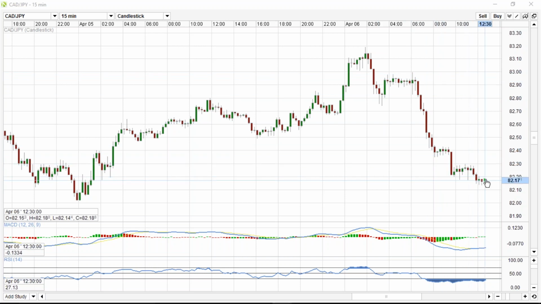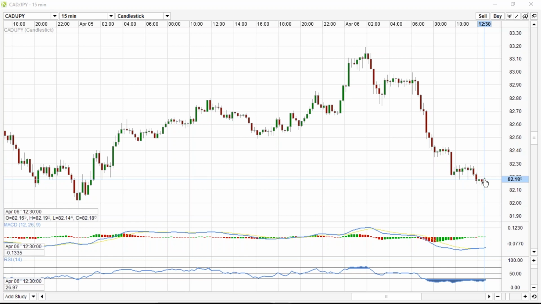So if we were to join, it would be like joining on the fourth pullback. Now that by itself is not conclusive. It's one of the many things that you'll be looking at when you come around to the trend flow strategy. But it is a matter to just flag, because you do want to join trends which still have a decent amount of steam left in them.